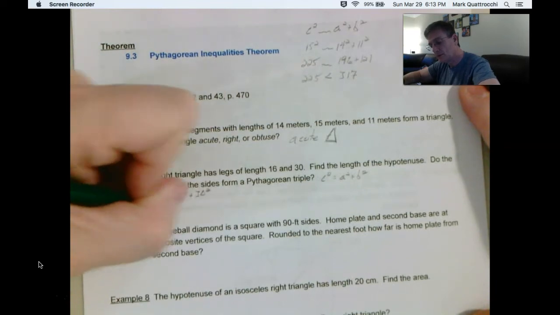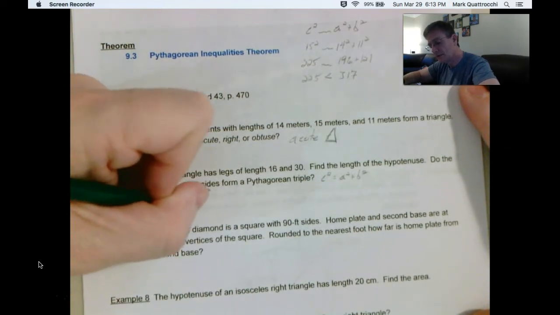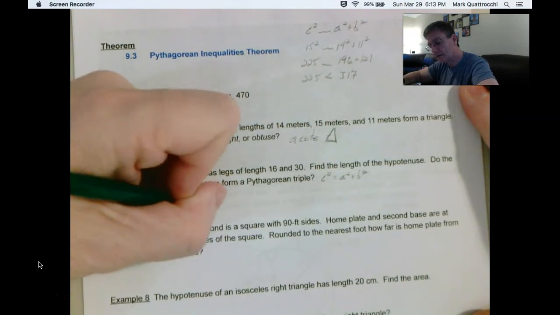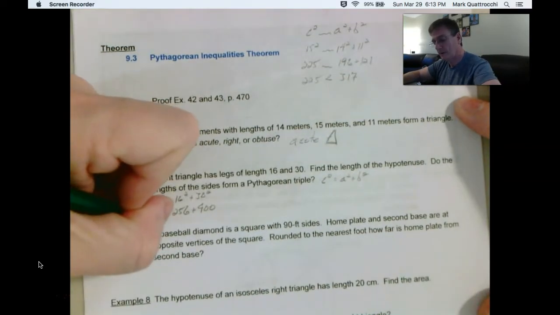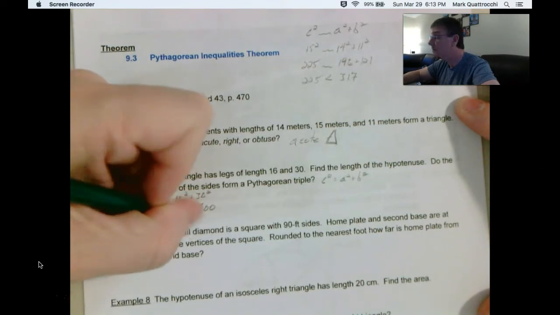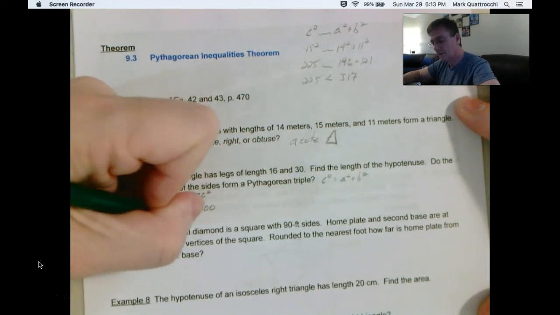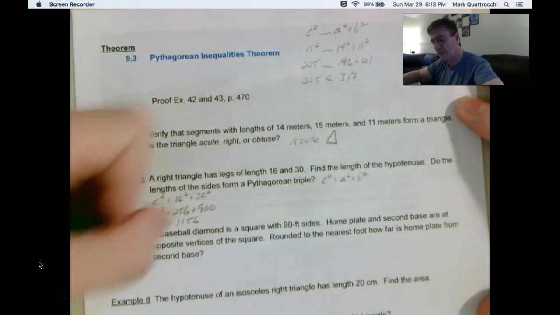C squared equals 256 plus 900, which is 1156.